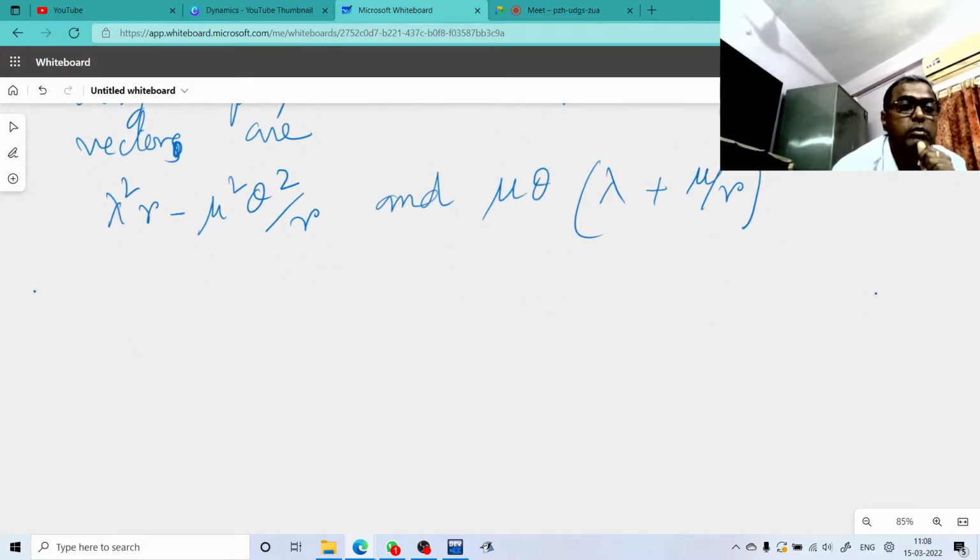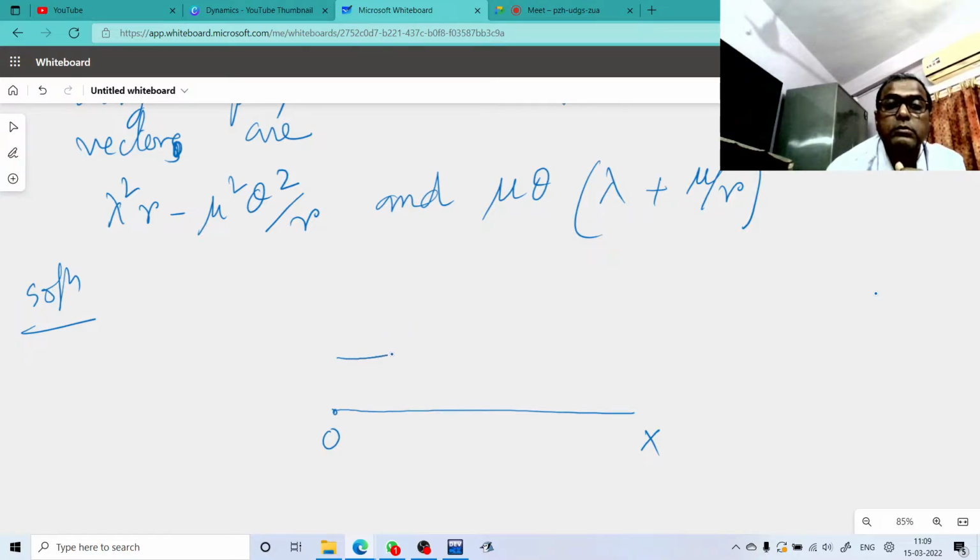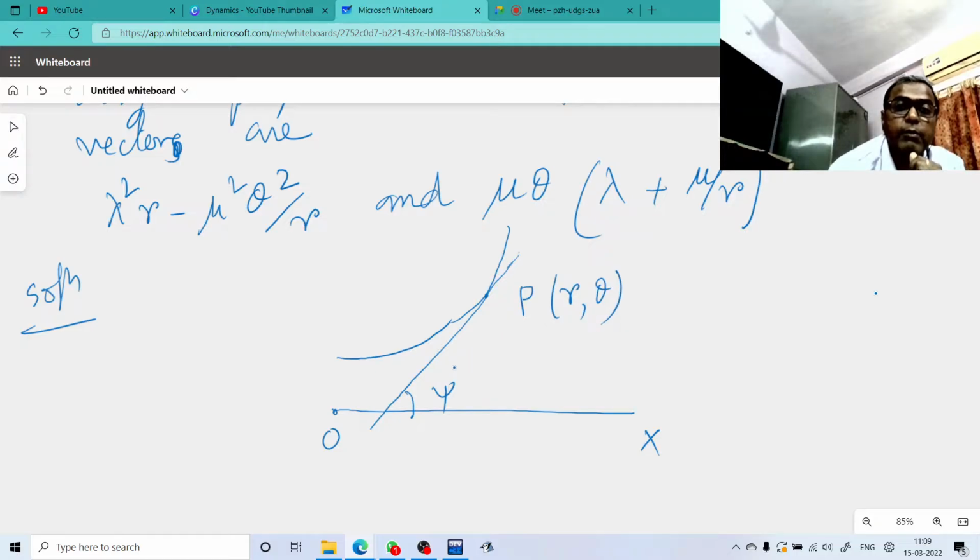So first we draw the figure. Suppose this is the polar line OX, O is the pole, and this is the path of the equation, and this is the tangent, the angle is ψ, and this point P has polar coordinates (r, θ).